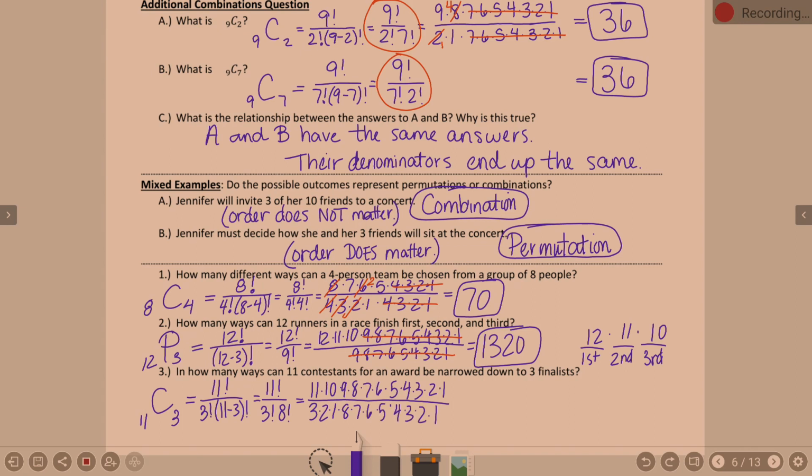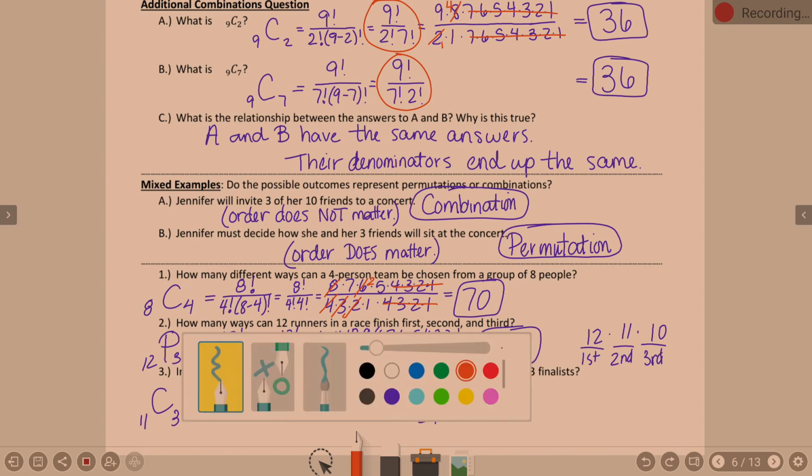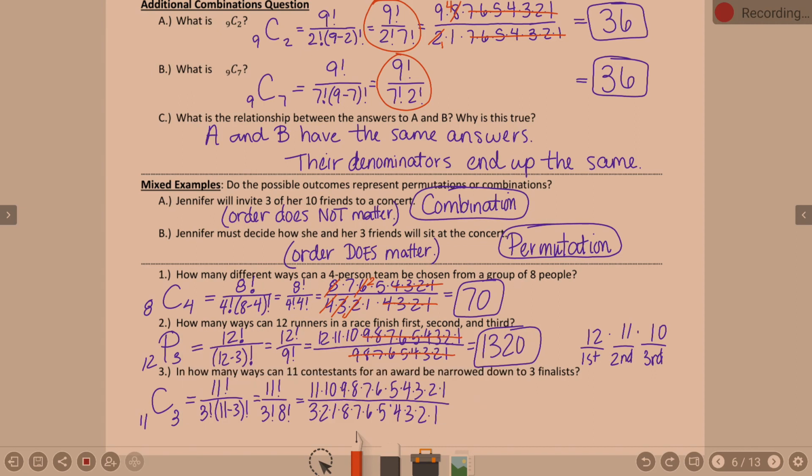I'll be honest, if I was writing this out on my own, there are some numbers I would skip here. I just hesitate to do that in front of a whole class. Did you get some canceling happening? 8 through 1 is gone. And what else did you cancel? 3 and 9 and 2 and 10.